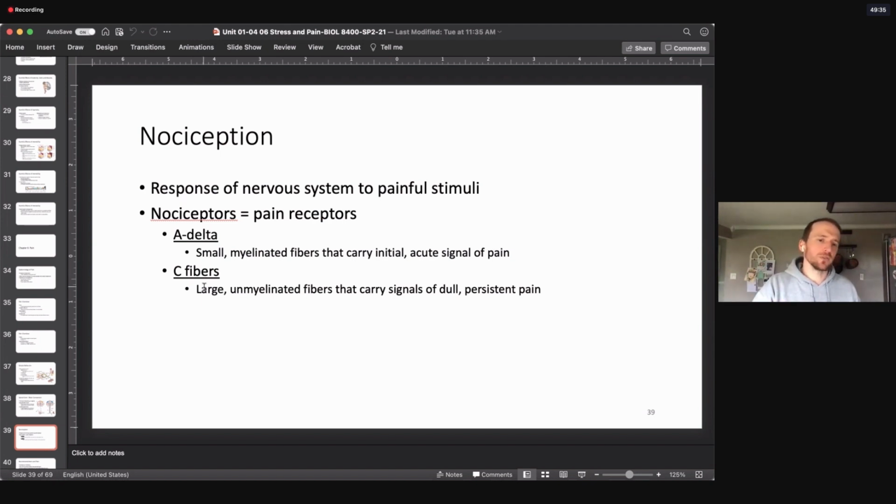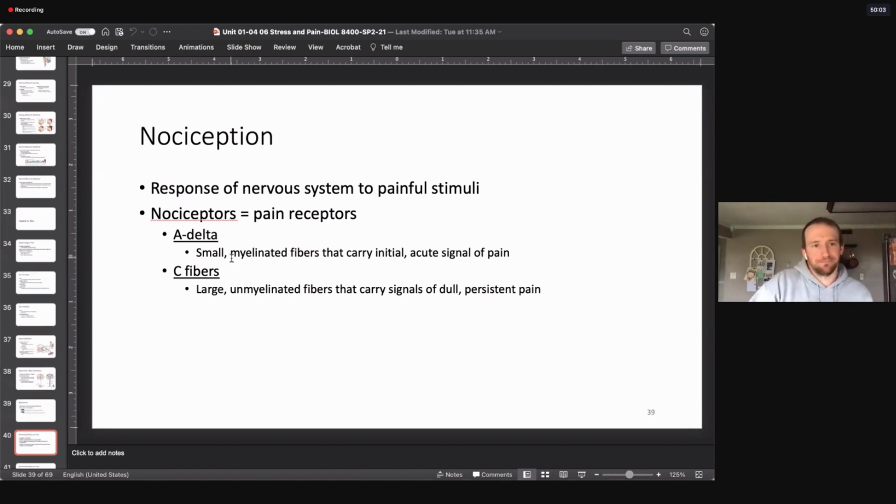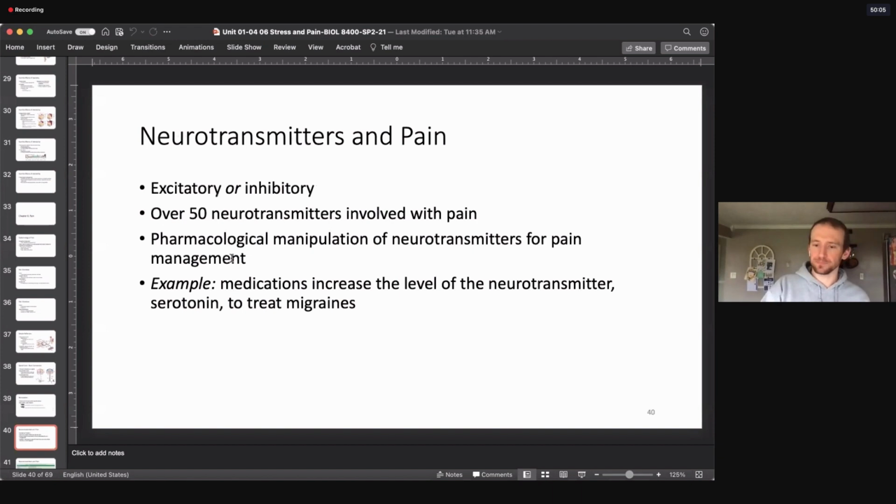The C fibers are a larger unmyelinated fiber, so they carry the more diffuse, more dull, persistent pain signals. And I could argue that acute pain signals are sent by the nerve fibers that can fire faster, because those are the pain messages that are more concerning evolutionarily in the short term. That's what I always think.